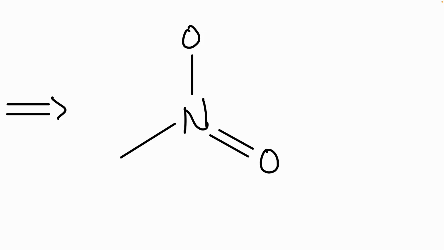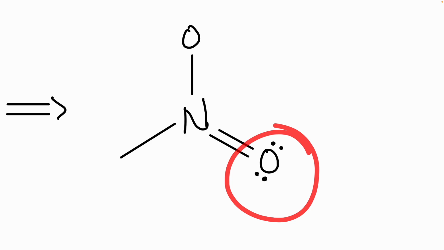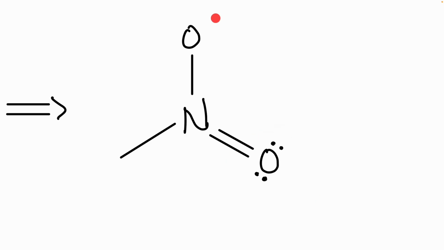My double bonded oxygen down here needs how many lone pairs? Two, meaning it has a formal charge of 0. What about my single bonded oxygen? I need 3 lone pairs, which means it has a formal charge of -1.